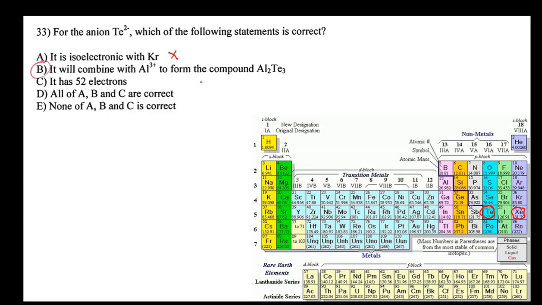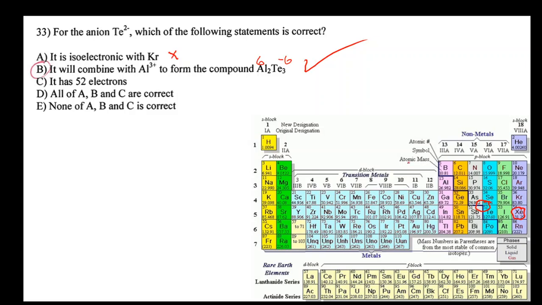It will combine with Al3+ to form Al2Te3. If you look at these charges here, 2 times 3+ would be 6 for the aluminum, whereas -2 times 3 of those would be -6. So this is a compound that would form, so that would be true. Te has 52 electrons. Because its atomic number is 52, it would normally have 52 electrons in its ground state.